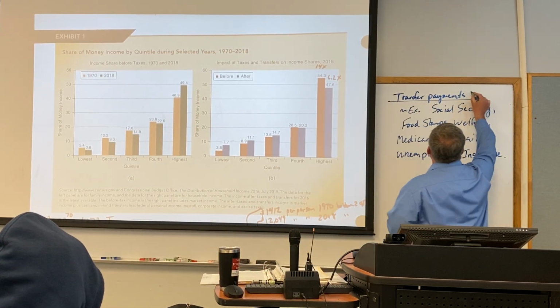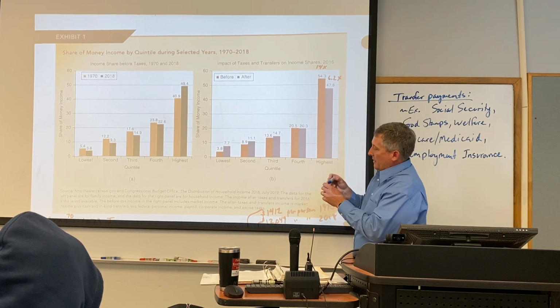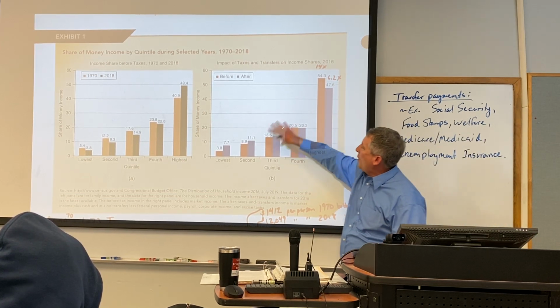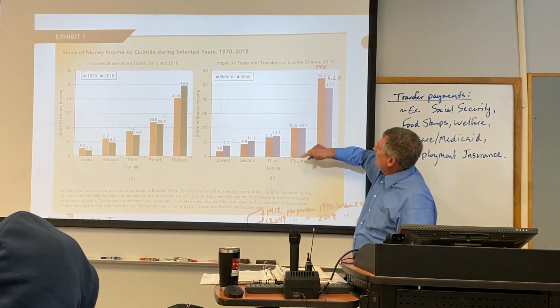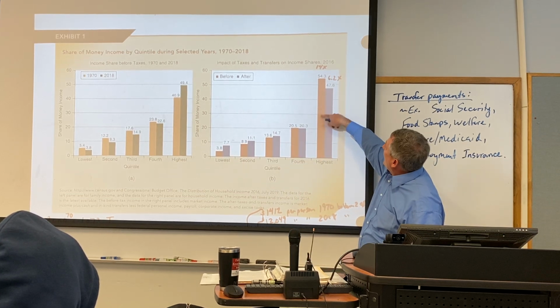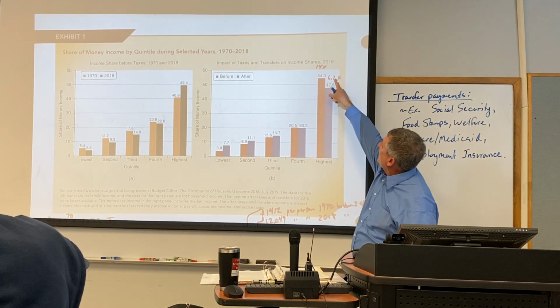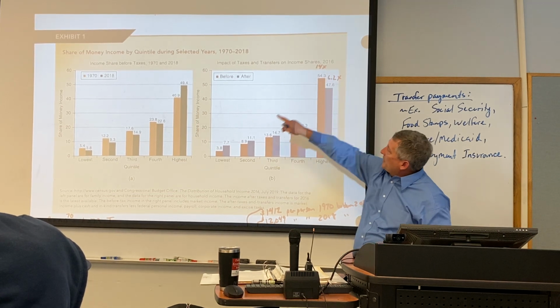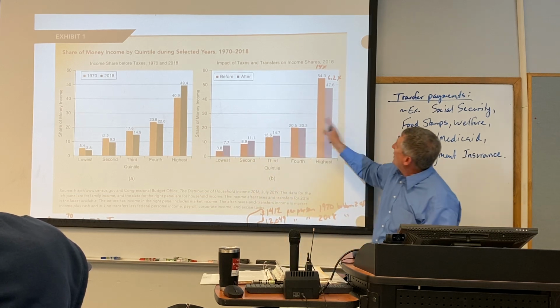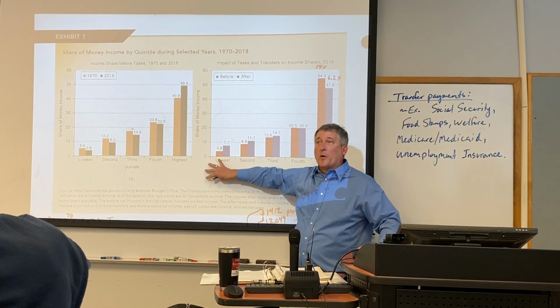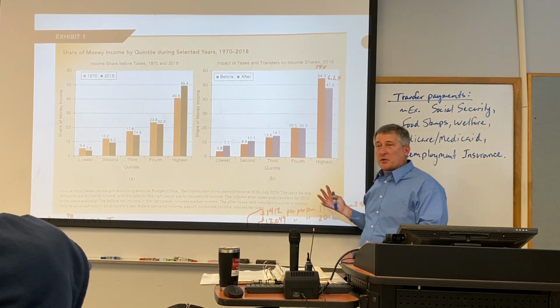Okay, so this bar then takes into account transfer payments. So before the transfer payments, we've got the 3.8 and here 54.3. This was for, I think, 2016, because the data was a little bit different. This one was 2018, so it's kind of similar. But then take from the rich, give to the poor is part of the transfer program.